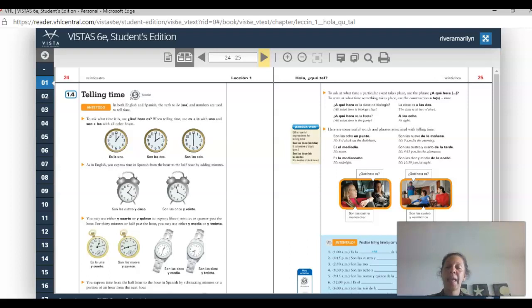okay? And then if it's 3:45, what we do is we move on to the next hour, in this case 4, and then we eliminate the quarter, and then we say son las 4 menos cuarto. Son las 4 menos cuarto, minus a quarter.